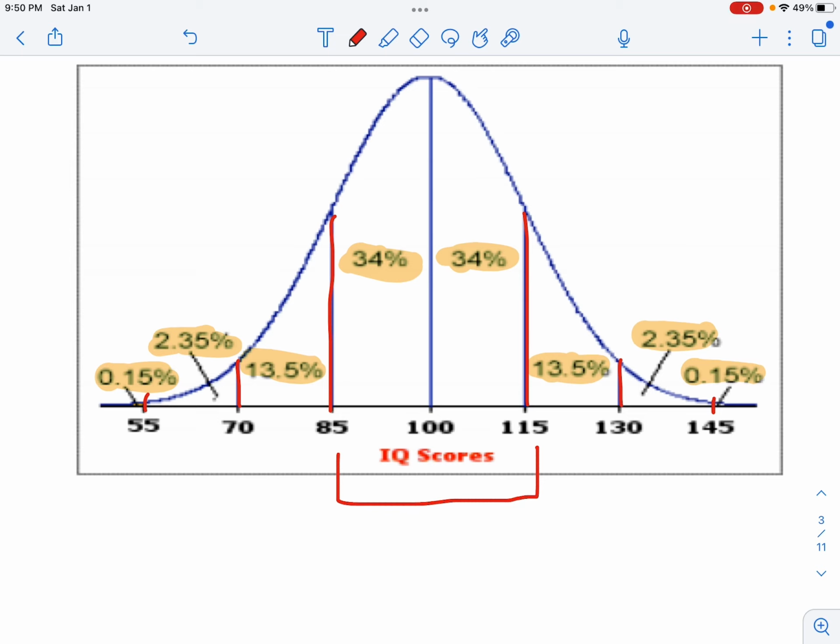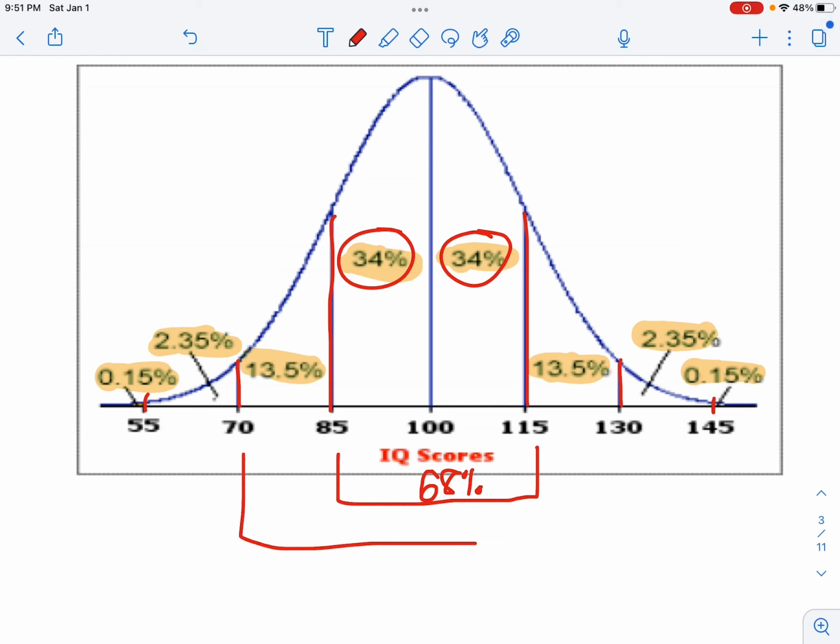So if you have a normal distribution, between 1 standard deviation left and 1 standard deviation right is going to be 68% of your population. So a little quick math, if you take 68% and you divide it in 2, you get 34. That's where these numbers come from, 34 and 34. So if I asked you what's the probability that someone scores between 100 and 115 on their IQ test? Well, it's 34%, right? Because 100 to 115 is this 34% right here. So that's the first percentage you need to memorize.